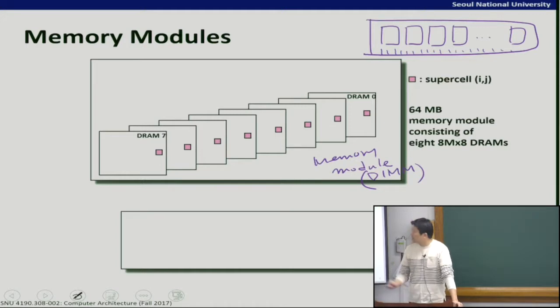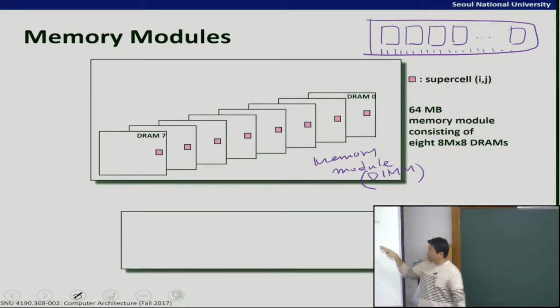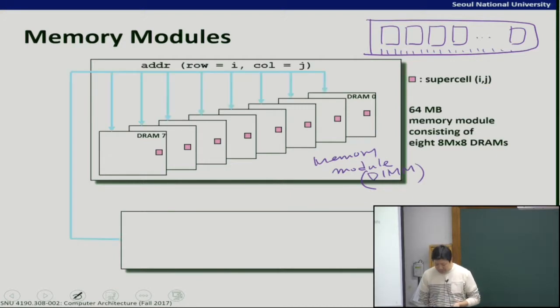Like in this example, you have 8 chips, and when you receive a request for data from a specific address, all of these 8 chips are responsible for providing some piece of this information. More specifically, let's say you want to access a certain row and column, then each chip provides 8 bits of information, because we assume the supercell size was 8 bits, right?